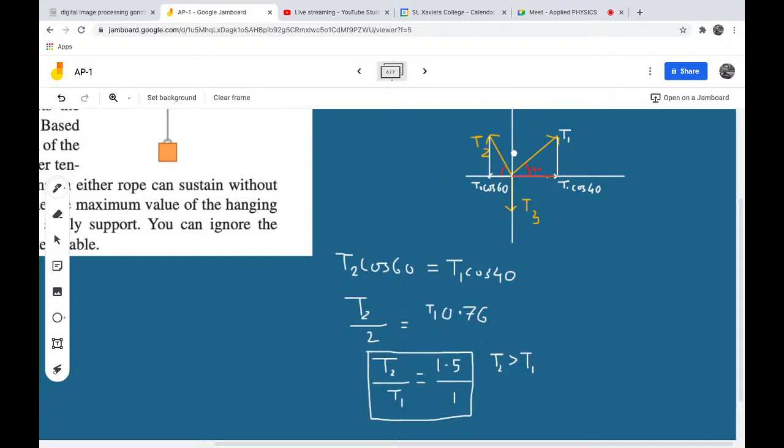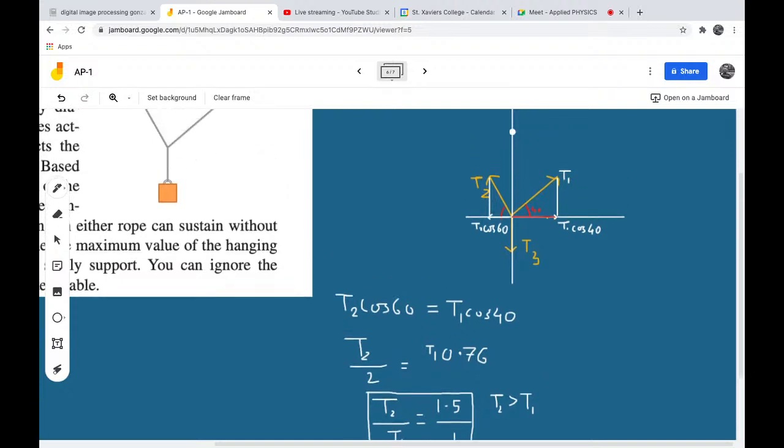Okay. Now, what are the forces acting upward? So upward forces acting are, you can easily see, T2 sine 60 here, and from this here you will get T1 sine 60. So T3 has to be equal to the sum of the two.